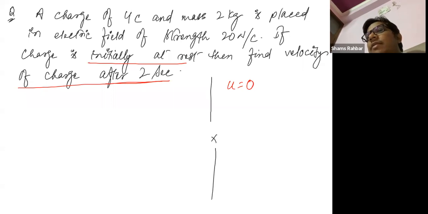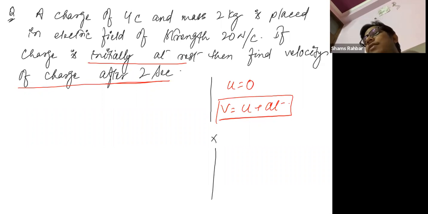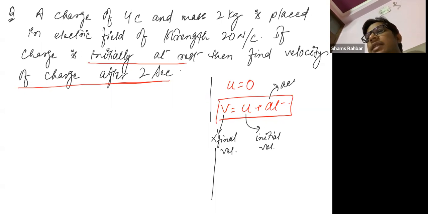We can find the velocity by using this equation, which you may have seen in class 11th: v is equal to u plus at. It is the class 11th equation of motion, where v is the final velocity, u is the initial velocity, a is acceleration, and t is time.